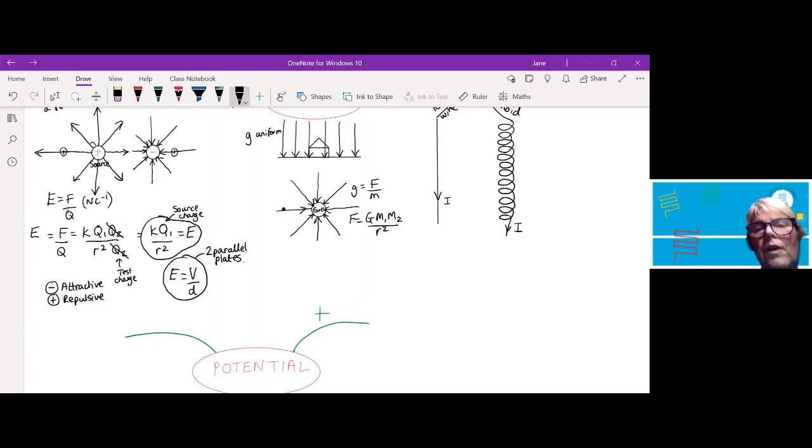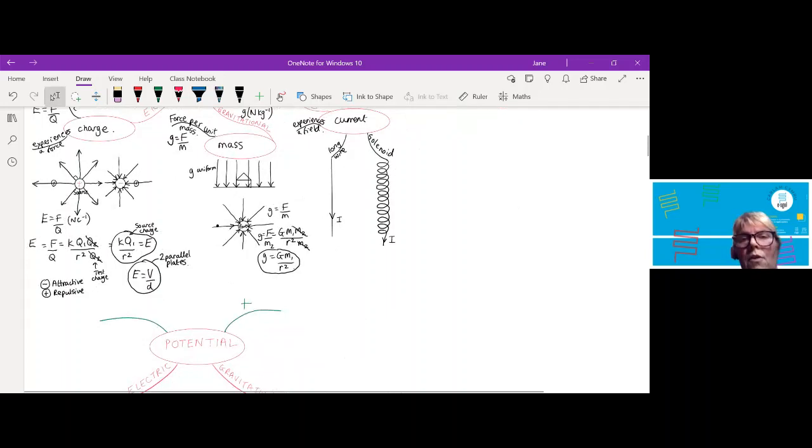So if we want to find what g is, we divide that by mass, that's m2, and we can cancel out so that we get g equals G m1 over r squared. So notice the field is still an inverse square law. It still obeys that, i.e. the further out it gets, the weaker it gets. And it's dependent on the mass in gravitational fields, and it's dependent on the source charge for the electric fields.